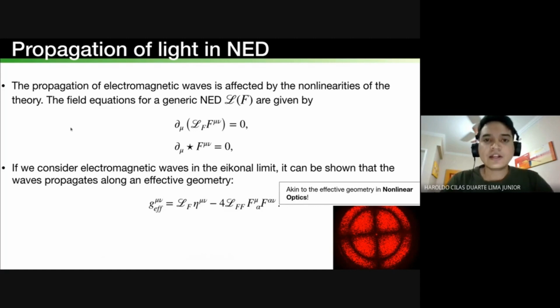And what kind of effects does the introduction of nonlinear corrections to Maxwell's equations give, for instance, to the propagation of light? It's well known that these nonlinear corrections affect the propagation of electromagnetic waves, as I discussed in this slide here.